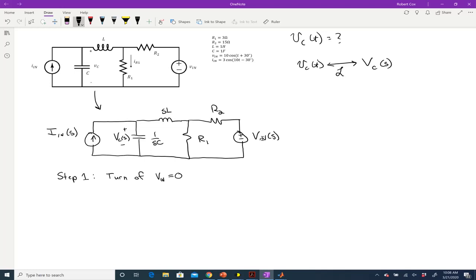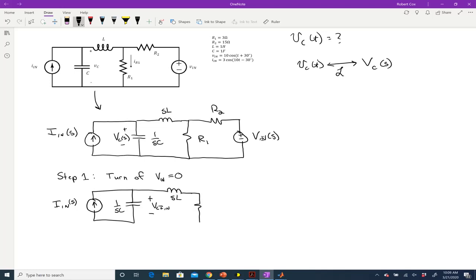Setting a voltage source equal to 0 makes it a short circuit. So the circuit simplifies down to In of S, here's the capacitor, 1 over SC, and I'm going to call this voltage not V sub C of S, but V sub C In. Here's the inductor.